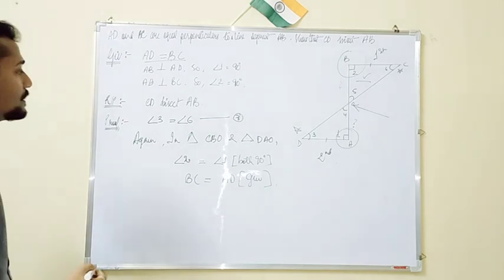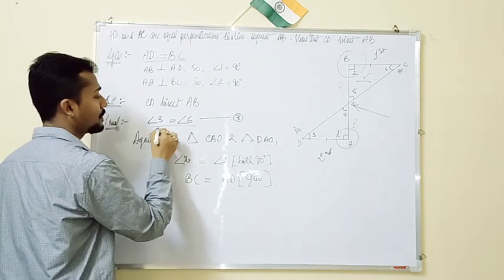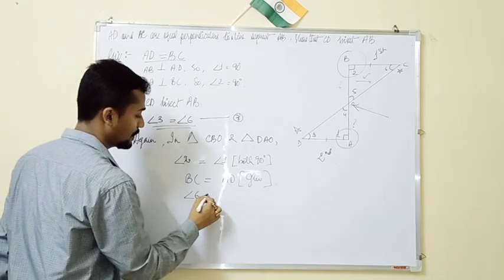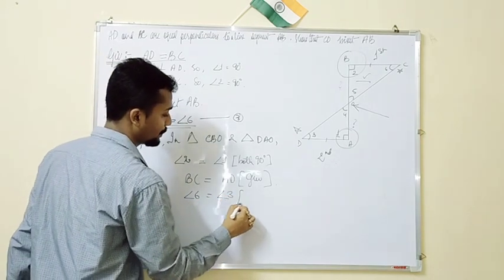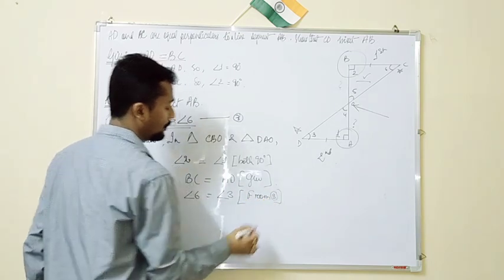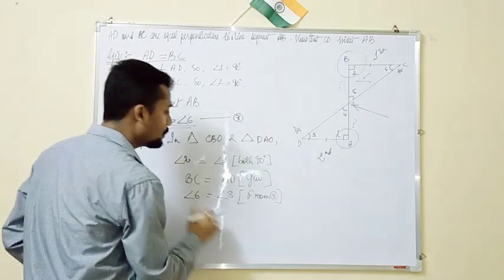Then the third one, angle 3 is equal to angle 6. Can I write angle 6 is equal to angle 3? From equation 3. So from here, what can we conclude?